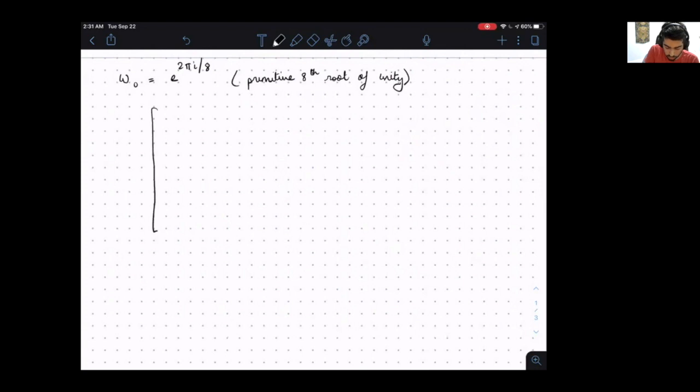So I'm going to rewrite the problem as this. I'm going to write this initial vector here, which is the polynomial p evaluated at our 8 roots of unity.